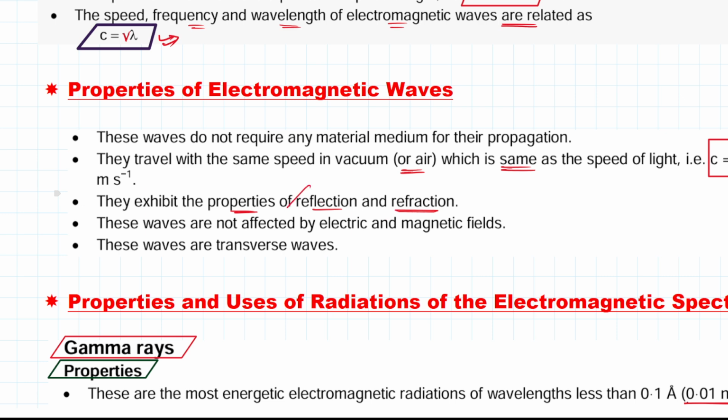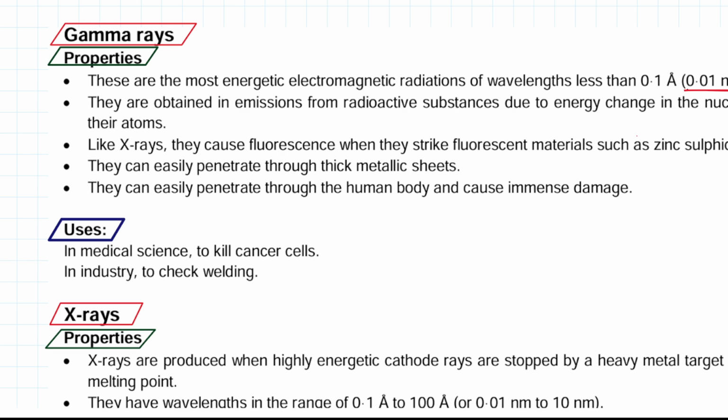Reflection and refraction are included in detail in class 11th and 12th, under the chapter named optics. These waves are not affected by electric and magnetic fields. These are transverse waves. These are the characteristics of electromagnetic waves.